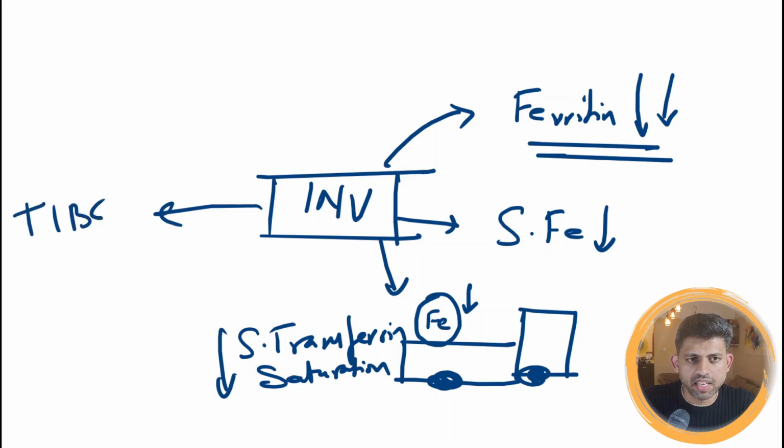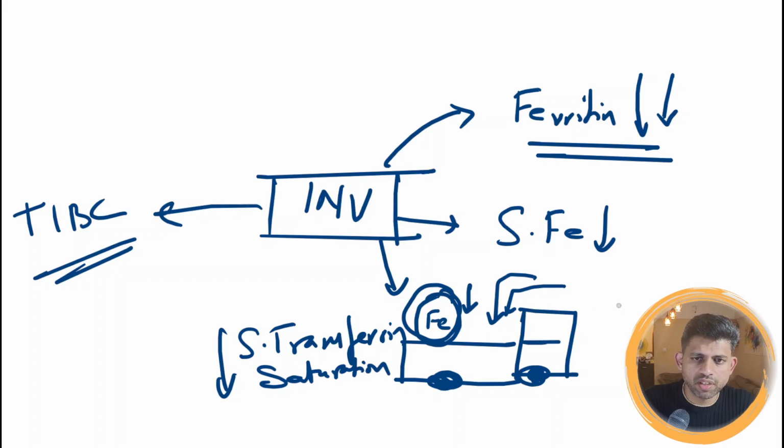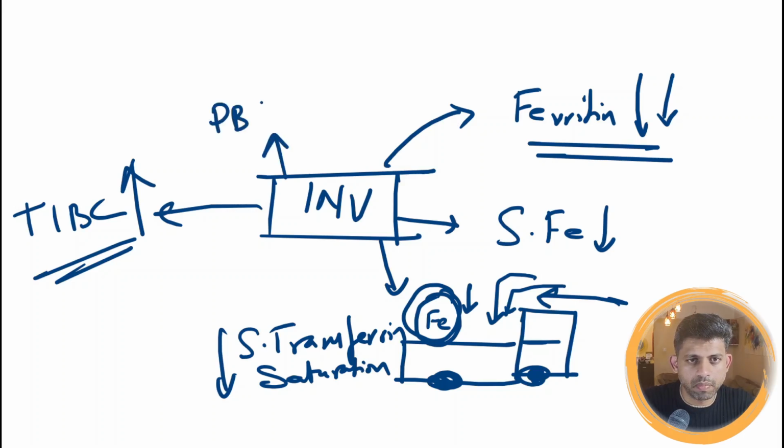Total iron binding capacity is the capacity for transferrin to bind to iron. So when the iron levels are less, the capacity for transferrin to bind to more iron will increase. So total iron binding capacity increases. And finally, in peripheral blood smear, you get microcytic hypochromic anemia.